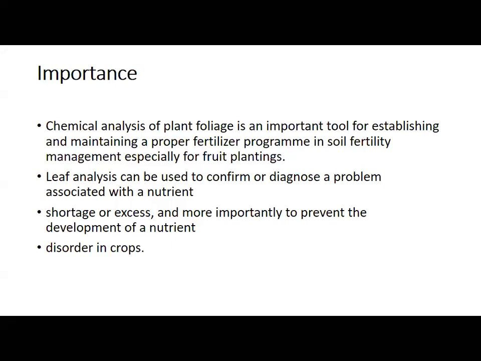It is due to deficiency of zinc nutrient. So we can well predict or analyze the deficiency of zinc, so that we are able to prevent this deficiency disorder well in advance.